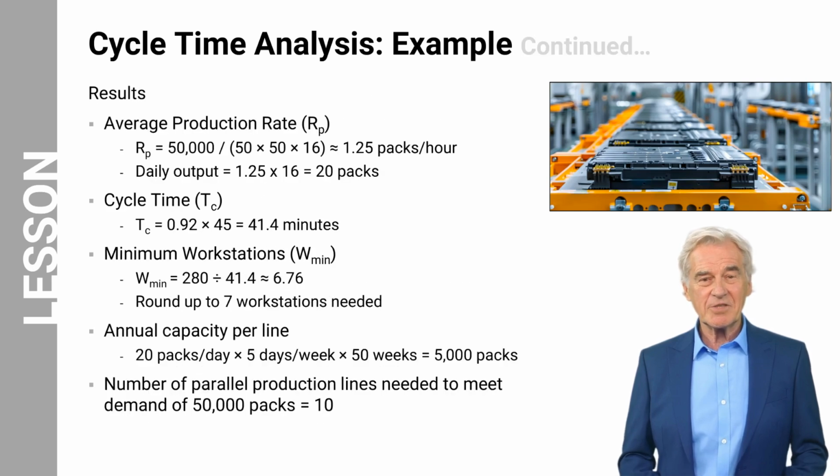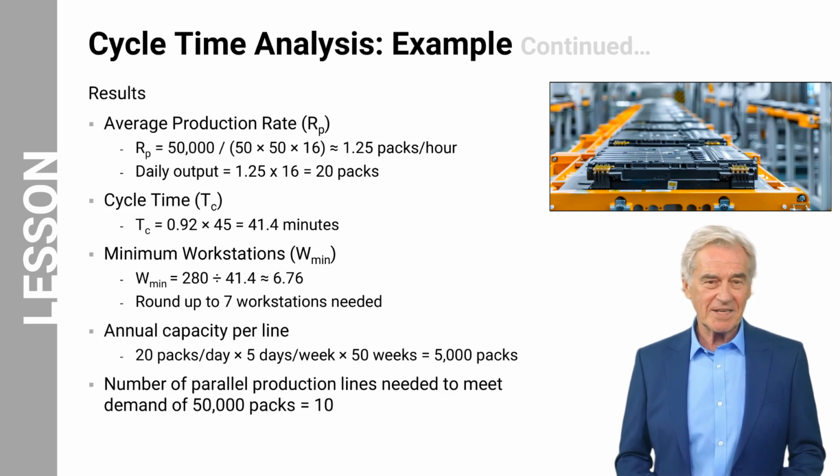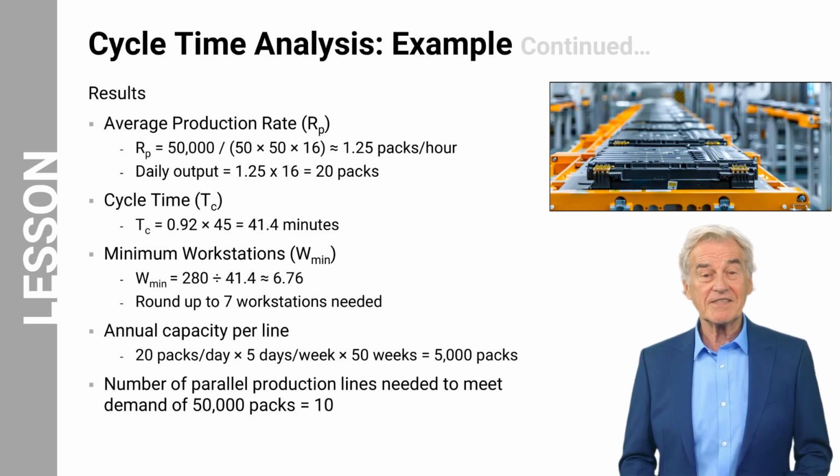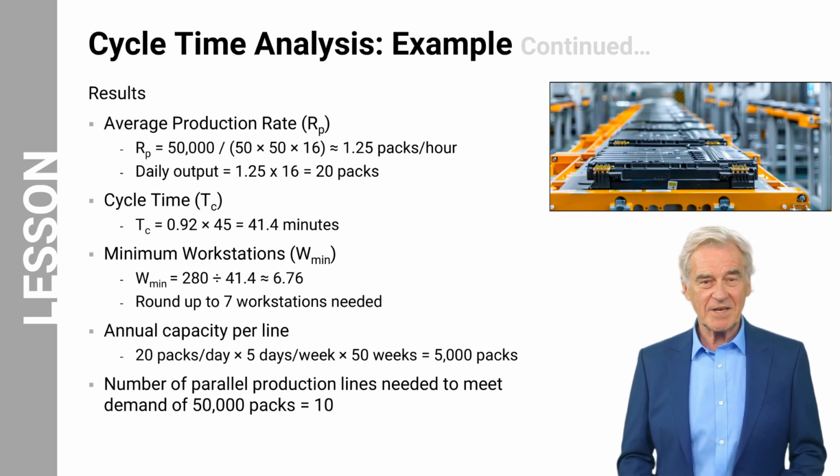The calculated results are shown here. The average production rate, or RP, is calculated as approximately 1.25 packs per hour, which totals 20 packs considering the 16-hour shift. The cycle time is calculated to be 41.4 minutes. The minimum number of workstations required is calculated as 6.76 rounded off to 7 workstations.